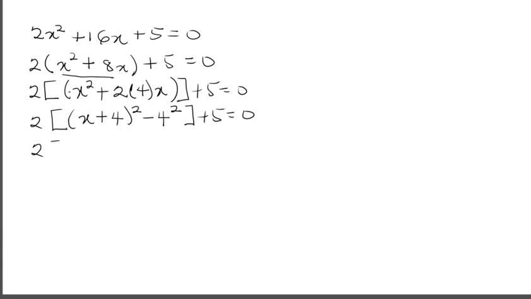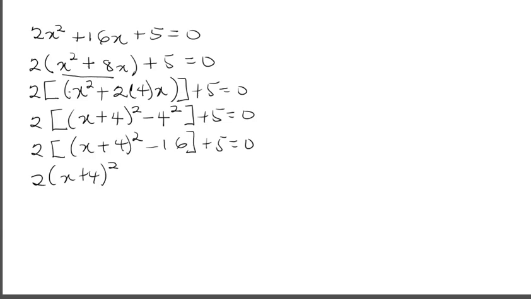So this gives us 2 times (x + 4) all squared minus 16 plus 5. I'll then put the 2 inside. So this gives us 2, and then (x + 4) all squared minus 32 plus 5 is equal to 0.